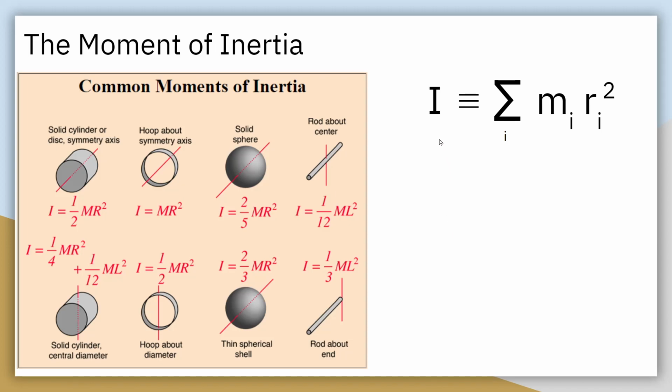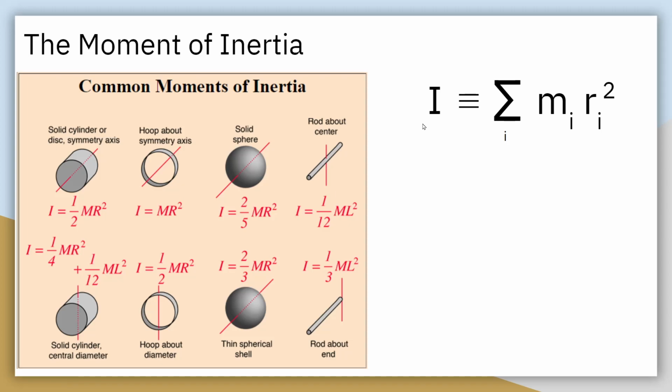This is our definition of the moment of inertia. When we're focusing on a system, such as any of these, the mass of that system presumably is going to remain constant. So what we really need to be focusing on is that distribution of the mass within the system. The further away from the axis of rotation, or that pivot point, that the mass is, the greater the r value, which means we would have a greater moment of inertia.